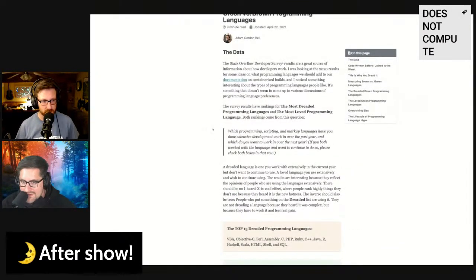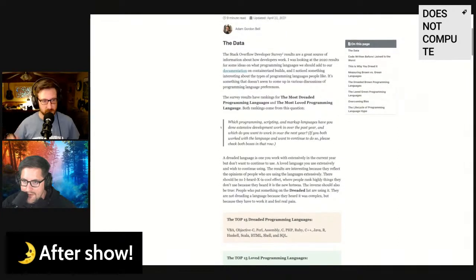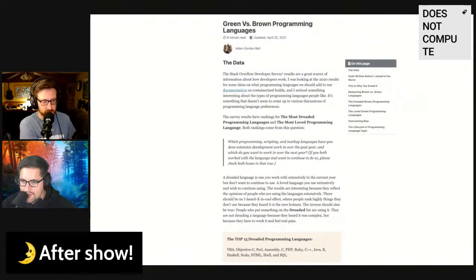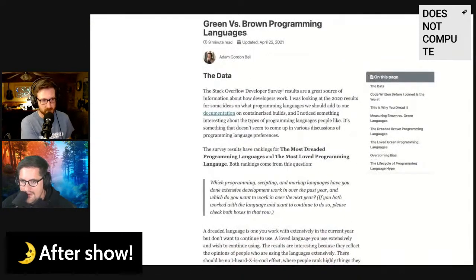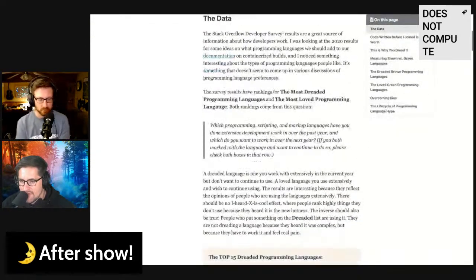What's the gist of this article? It's talking about the Stack Overflow survey for most dreaded and most loved programming languages, and how the context for each one was that you actually had to have used it extensively over the past year. It wasn't just something you heard about to be able to say you loved it or hated it.